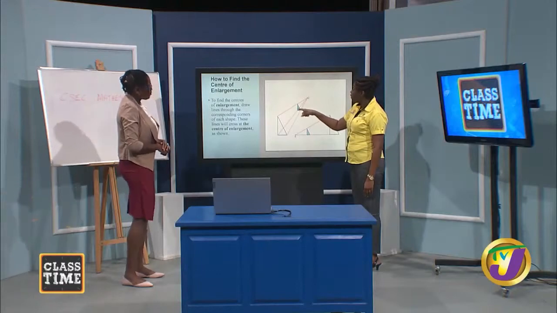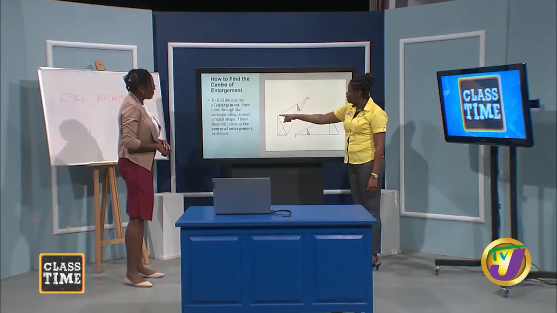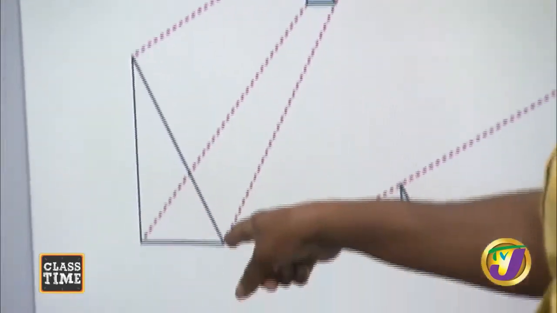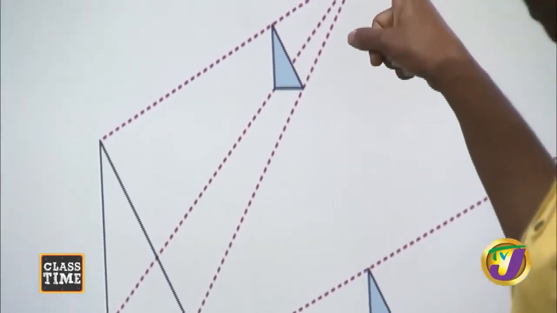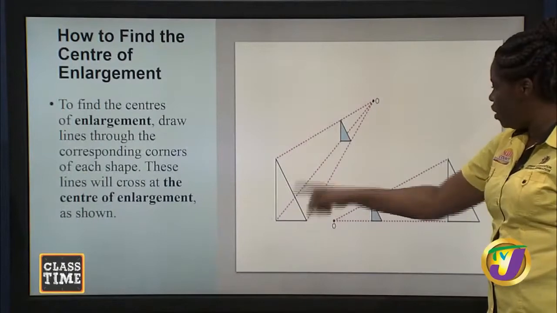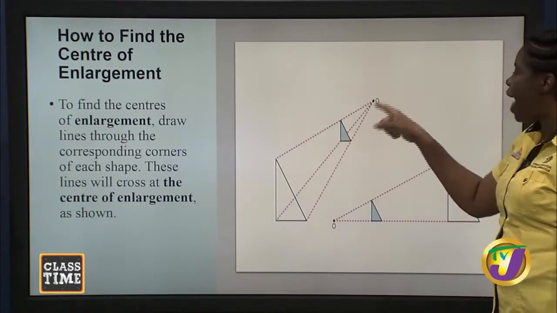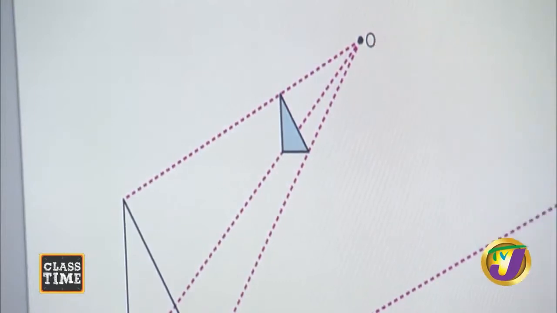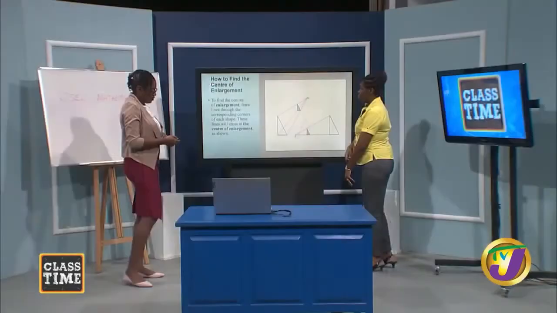Notice a line segment is extending from the vertices of the triangle to the center of enlargement on both image and object. The point where they meet or intersect is called our center of enlargement.